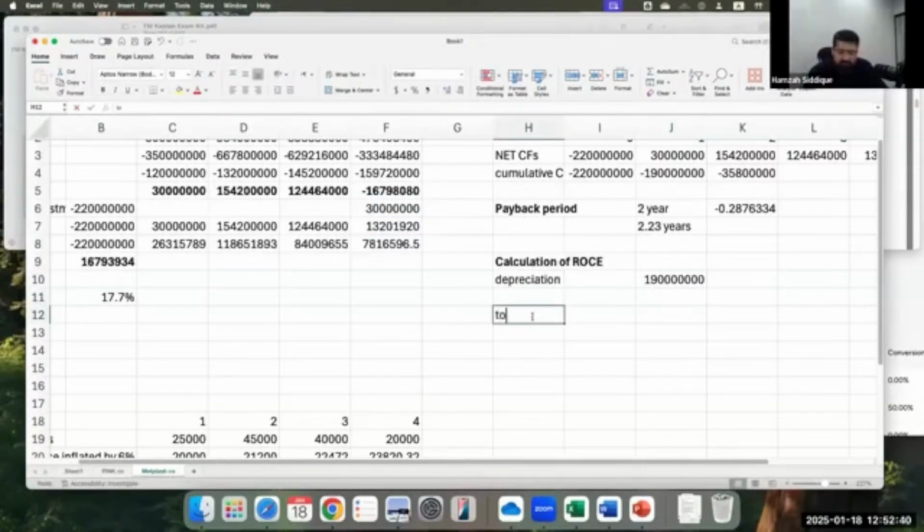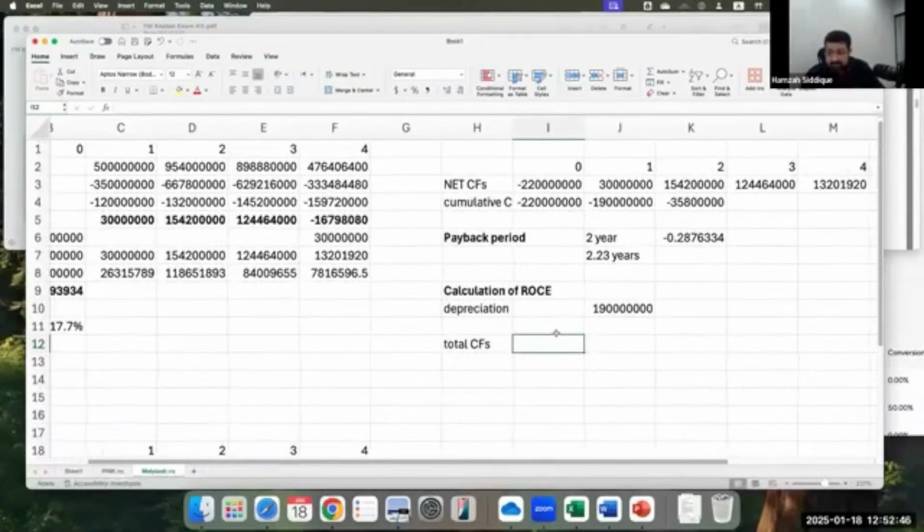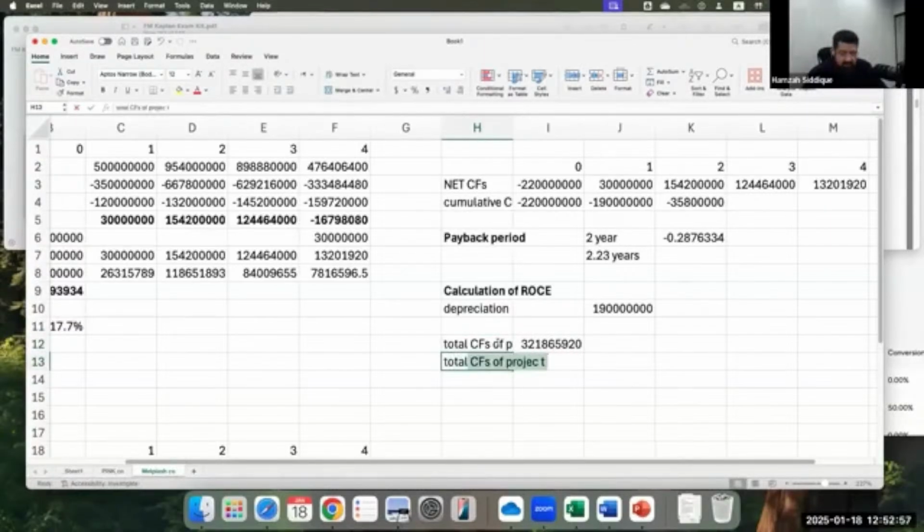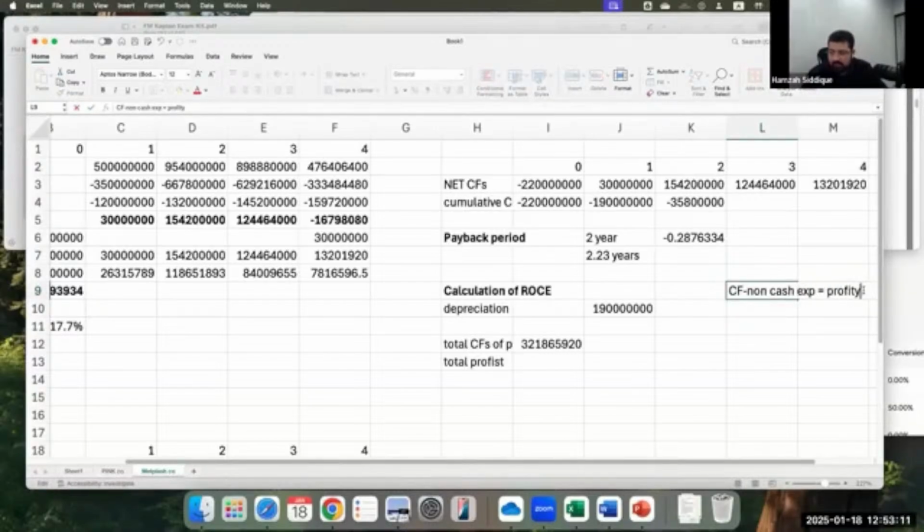Next, total cash flows. What do we need? We need profit. So total cash flows are cash inflows from year 1 to year 4 of project. We need total profit. How to calculate? Remember the formula? Cash flow minus non-cash expense is equal to profit. So cash flow minus depreciation.